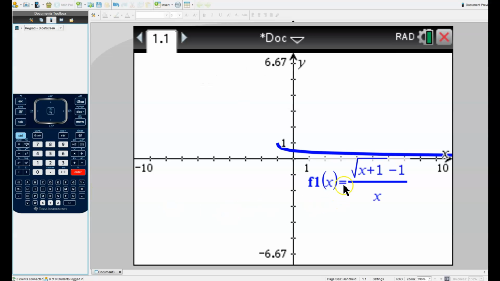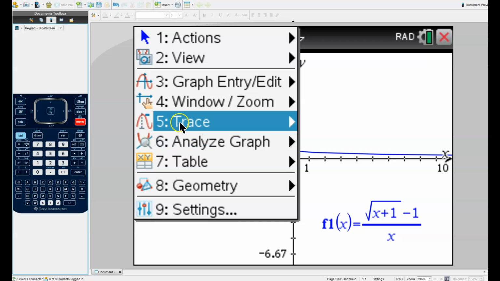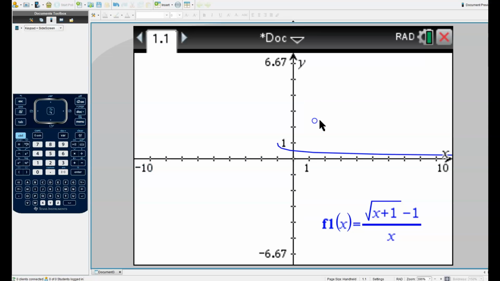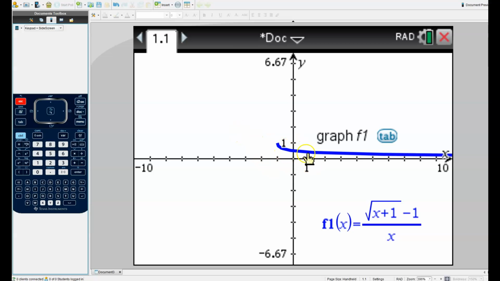All right, so that's what it looks like graphically. And what was I curious about? I was curious about the limit at what point? I mean, what's crazy about this, guys? What's crazy is we just did all that work, and there was nothing even significant happening there. It was just a continuous graph, right? At 0, I get a half. See it? Right?